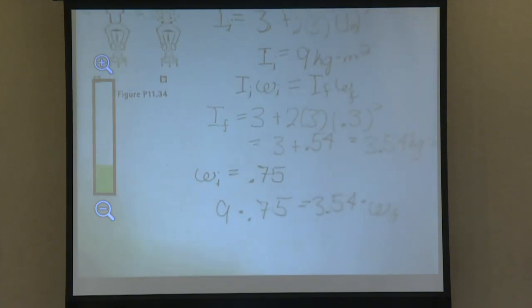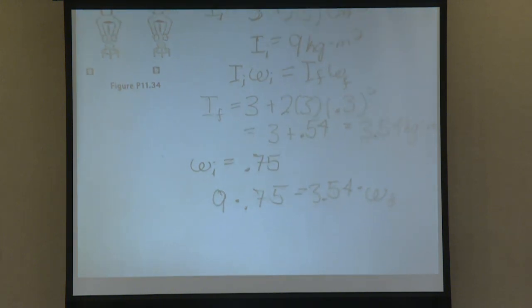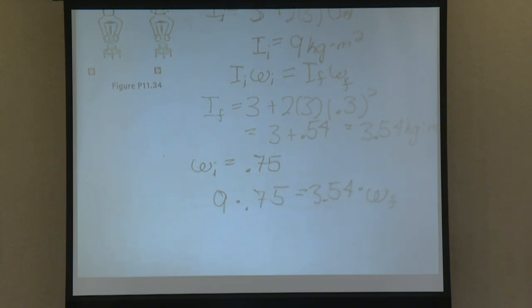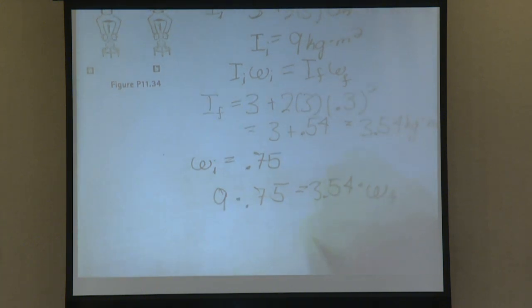Sorry, is that an 8 or a 9? This is a 9. So 9 times 0.75 divided by 3.54, our final is going to be 1.91 radians per second.